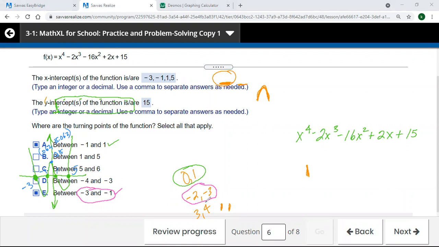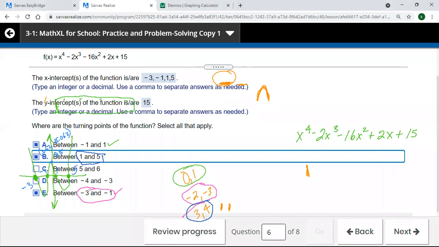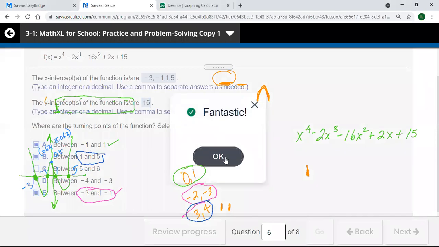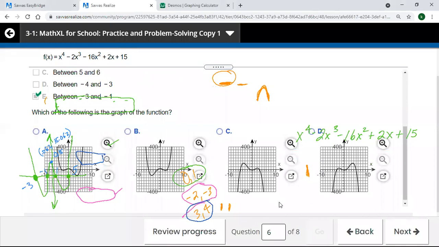And then between 3 and 4, which one would be from 1 to 5, 3 and 4 would be in there. And so that is your turning points. Sorry, that took a little bit longer to explain, but hopefully that helps you. Again, you've always got at the bottom your Help Me Solve This as well.